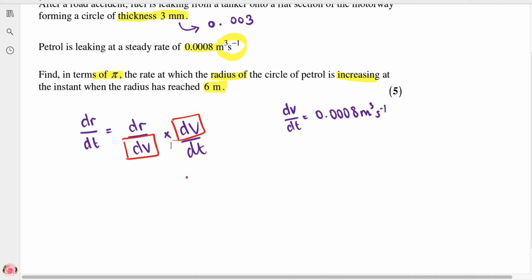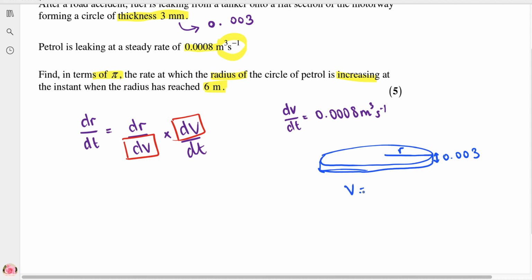So the circle basically has a structure like this. So it's leaking something like this, and it has a thickness of something like that, and that's 0.003 meters, and the radius here is r.